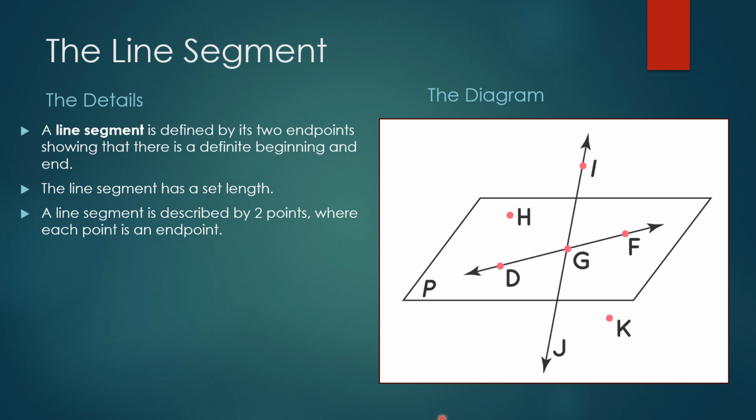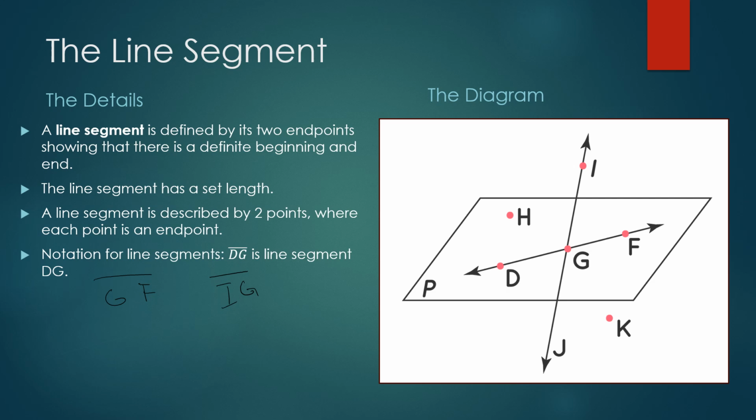The line segment is described by 2 endpoints, and we can write it as follows. So we could say DG is one of the line segments, but we also could write the line segment GF, the line segment IG, among others. You should note that when it comes to a line, a ray, and a line segment, we're still using two letters to represent the structure.